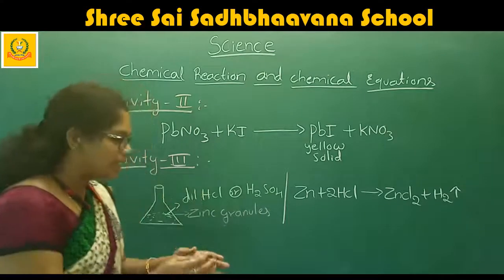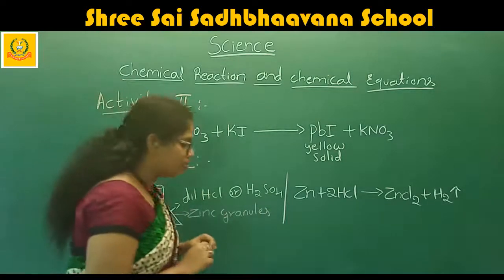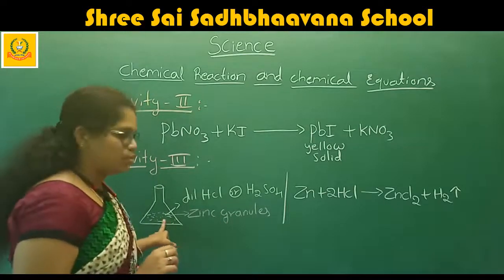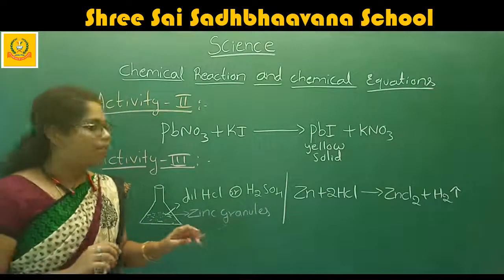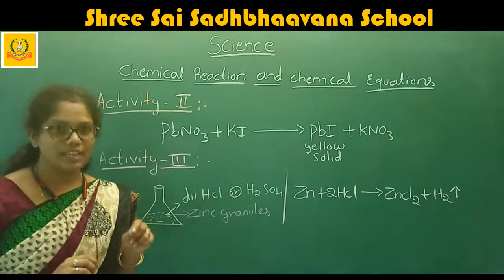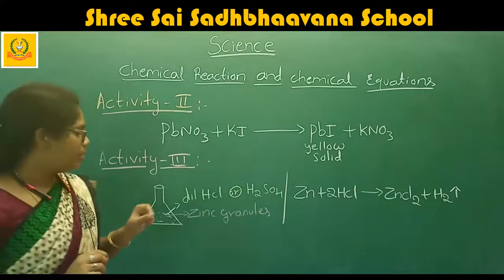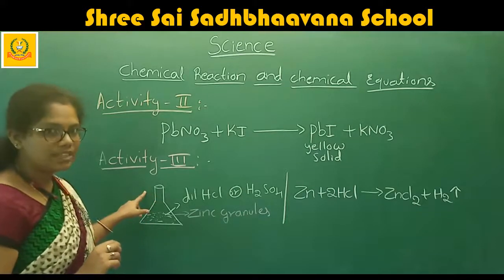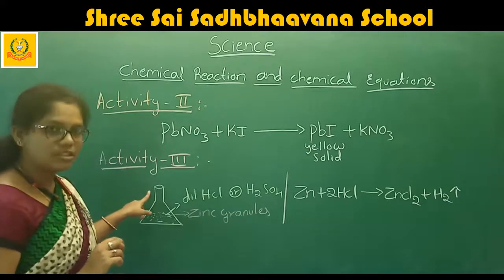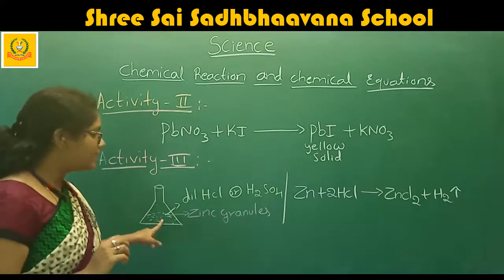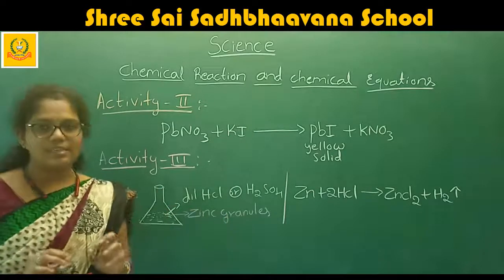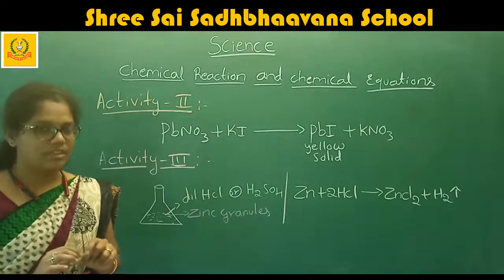If you see another activity prescribed in your textbook, you want to take zinc granules. If you see the diagram here, you first take this apparatus, called the conical flask. First you take the zinc granules. The purple color I have written is considered the zinc granules.